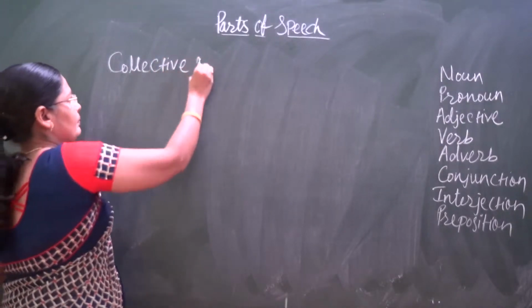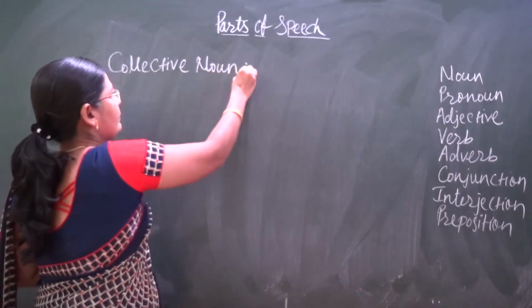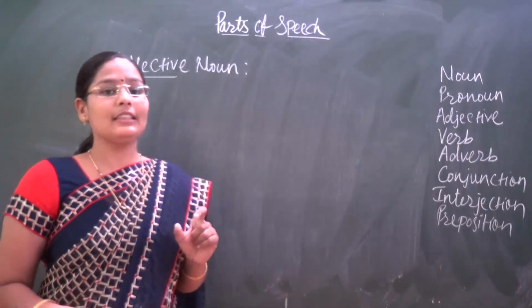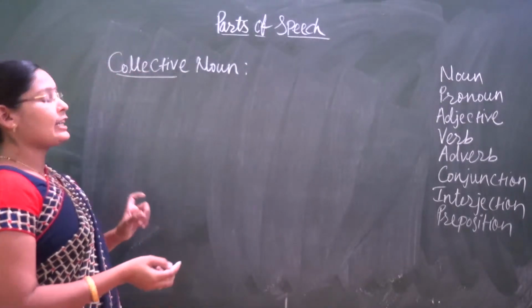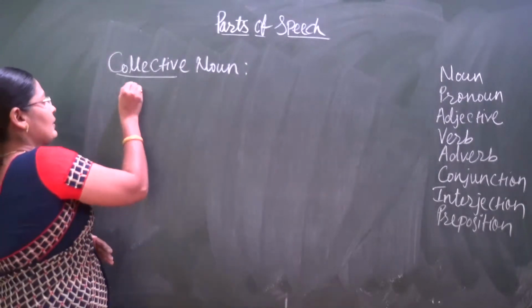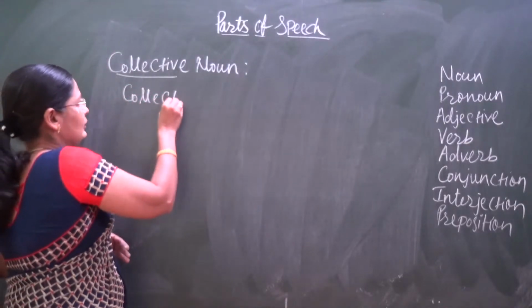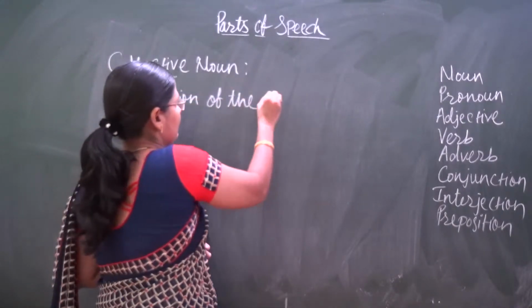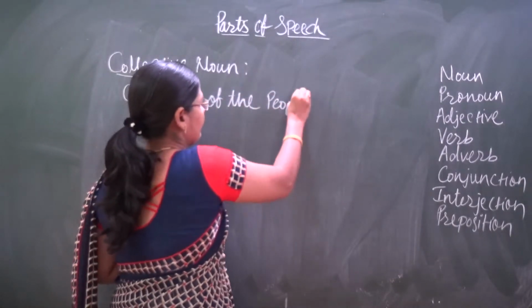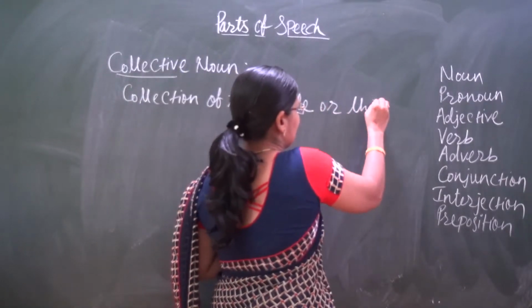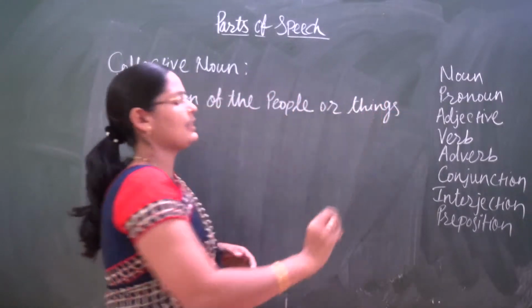Collective noun is a name given to the collection of people or things. Collection of people or things is called a collective noun.